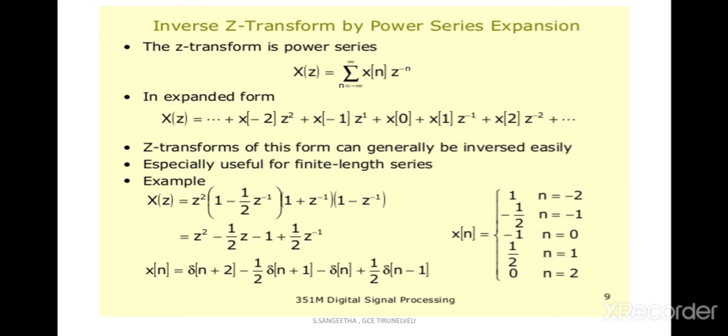So the equation becomes x of n is equal to: in place of z to the power 2 we have del of n plus 2, minus 1 by 2 del of n plus 1, minus del of n, plus 1 by 2 del of n minus 1. So this is the method for solving the power series expansion in inverse z transform.